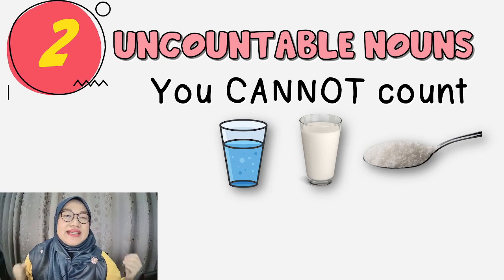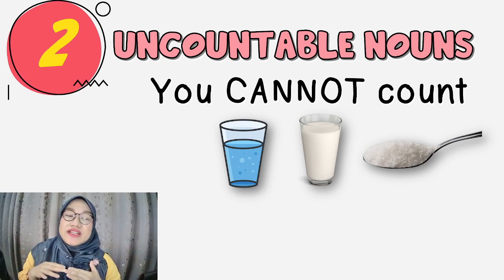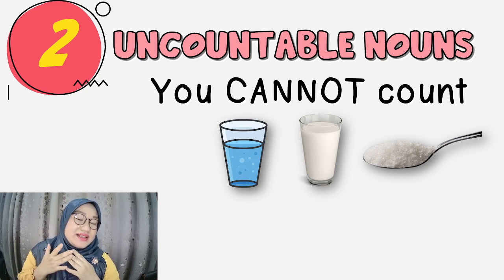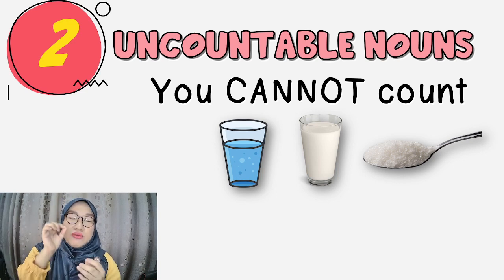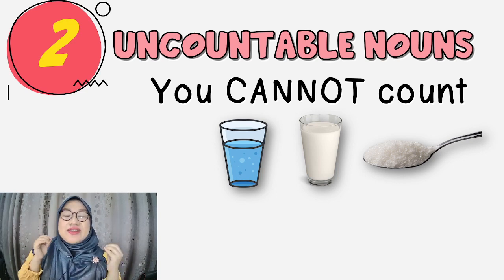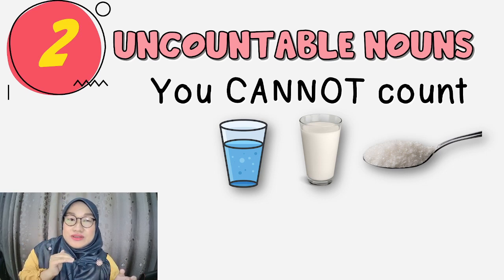So basically, countable nouns are things that you can count and uncountable nouns are things that you cannot count. Of course, look at the pictures. It is impossible for you to count water, to count milk, or to count 1 sugar, 2 sugar. It's impossible. So that is why sugar is considered an uncountable noun.